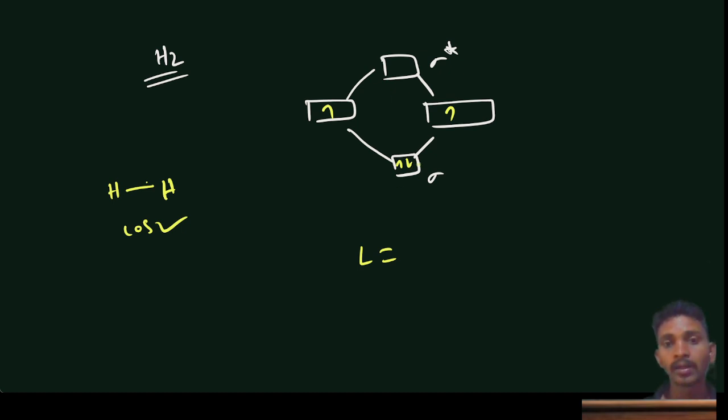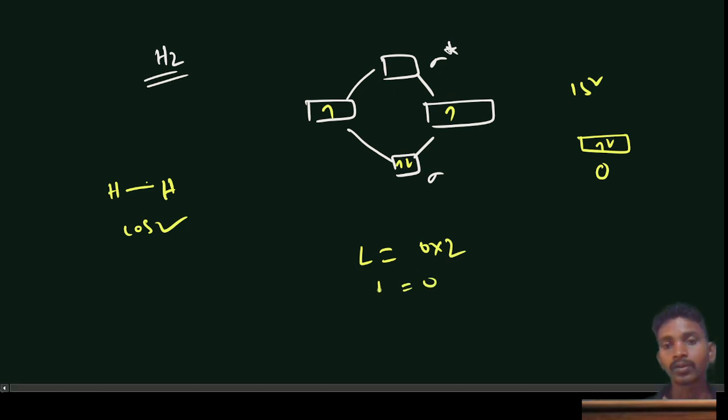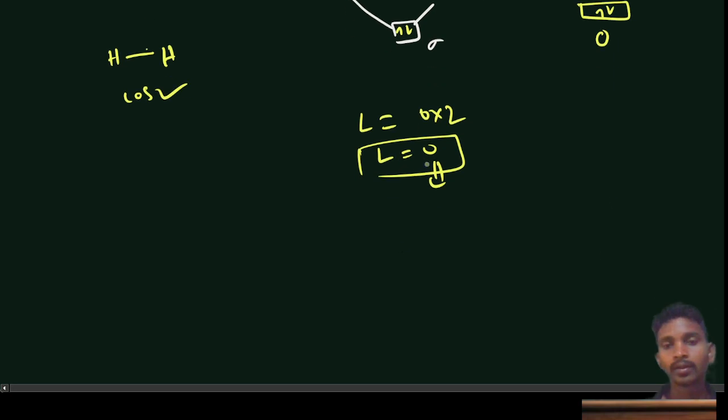For sigma, it starts from 1s2. So this is going to be this electron, and this L value is 0. So 0 into 2 is always 0. So L is 0. If L is 0, then this value will come sigma.